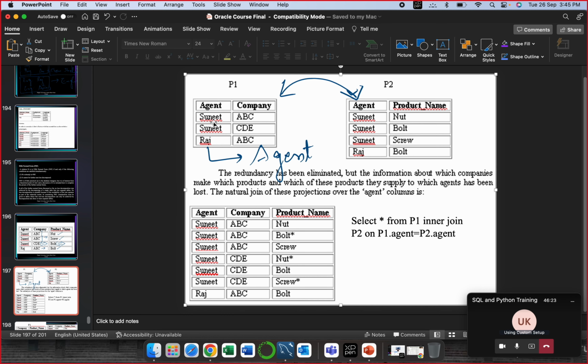So what it will do is pick up Suneet ABC nut, Suneet ABC bolt, Suneet ABC screw, Suneet CDE nut, Suneet CDE bolt, Suneet CDE screw, Raj ABC bolt. That's it. Only one, because there is only one matching record over here. So this is what an inner join will do to this table.